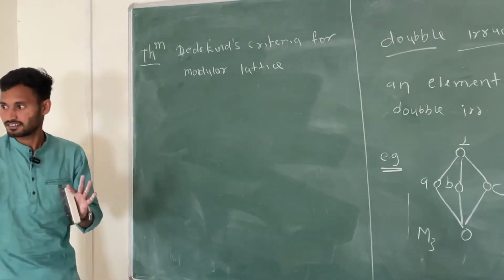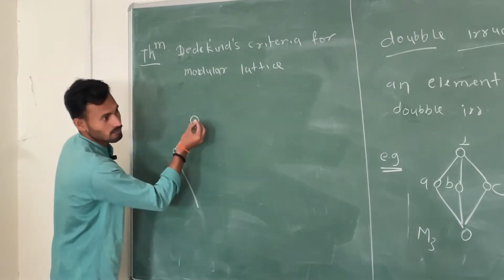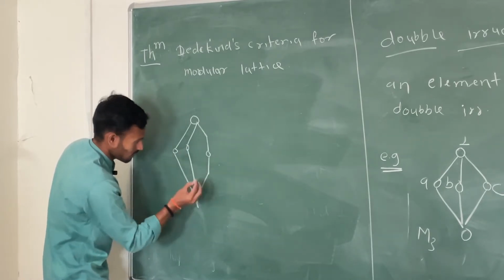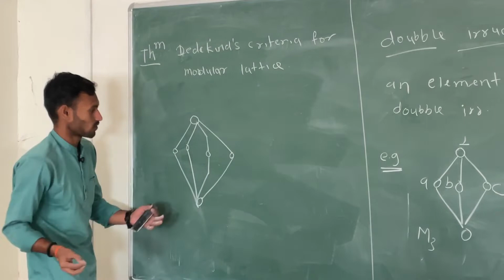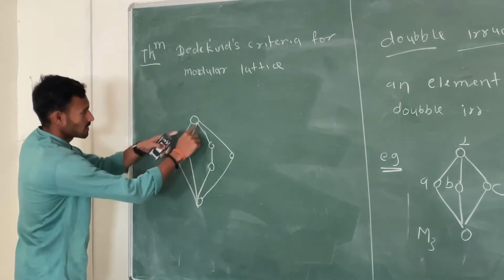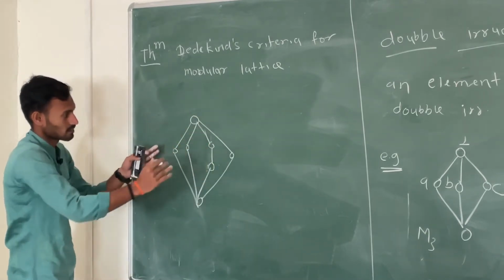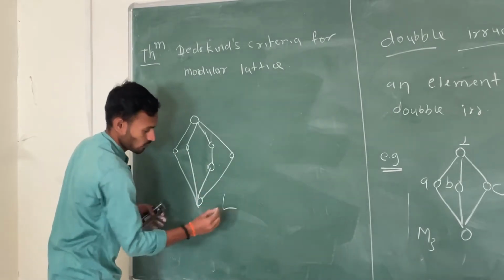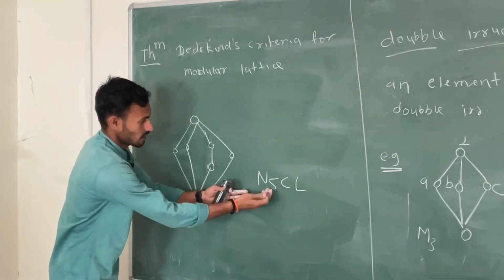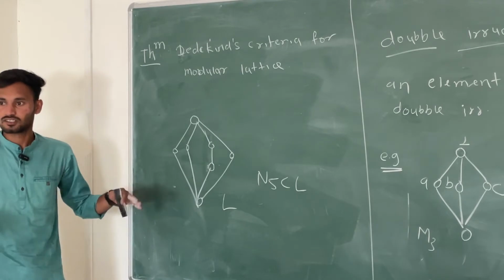Roughly, I can show one diagram. This structure is our pentagon N5, and the whole is a lattice, which I call L. N5 is a sublattice. If N5 is a sublattice of L, then this whole lattice is not a modular lattice. This is going to be proved in this theorem.